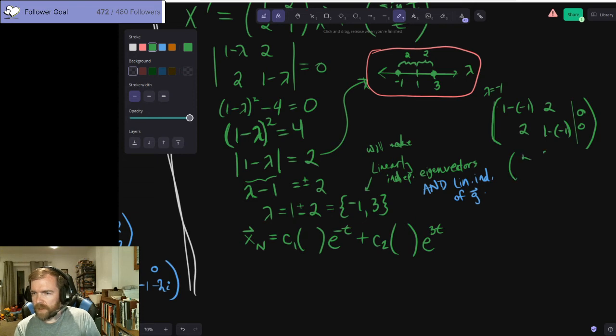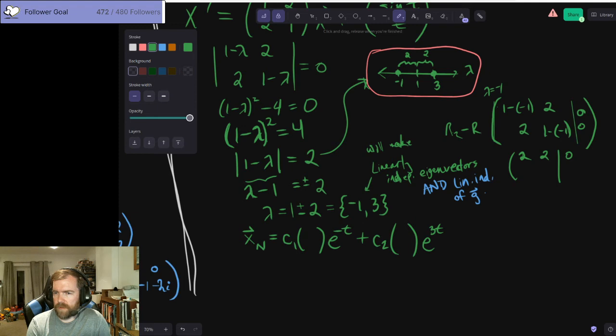So we get a 2, 2. And then in the lowercase, we can also say take row 2 minus row 1, and then put it into row 2, so we just get zeros.